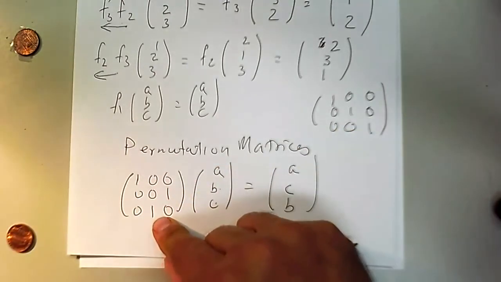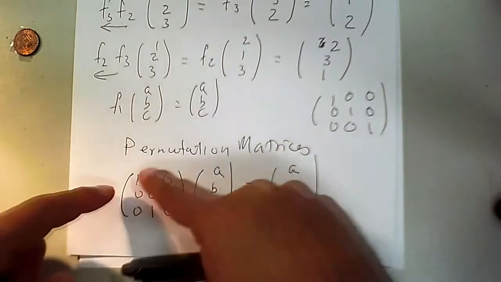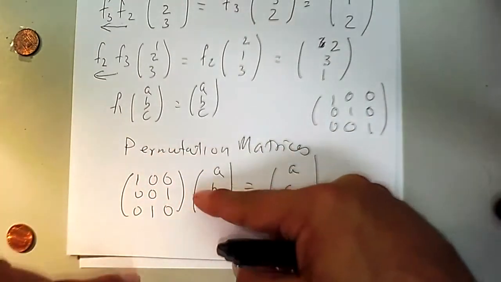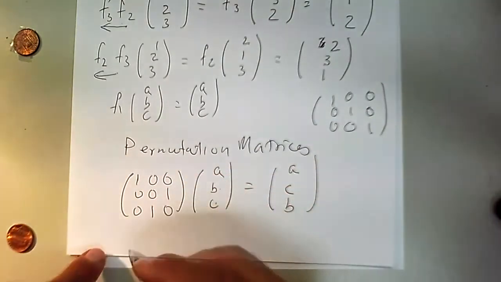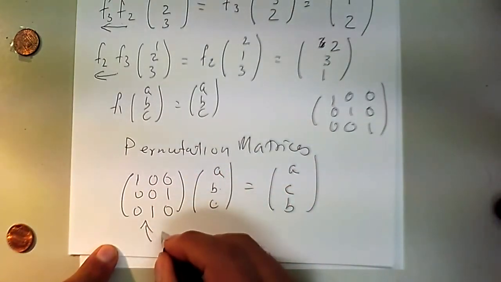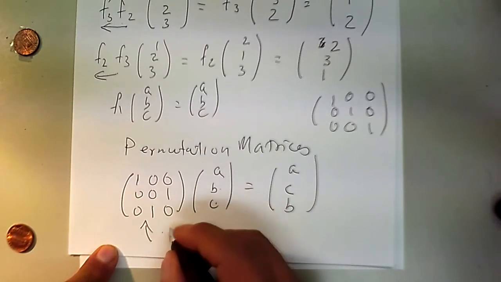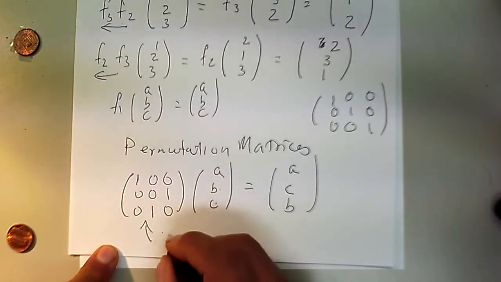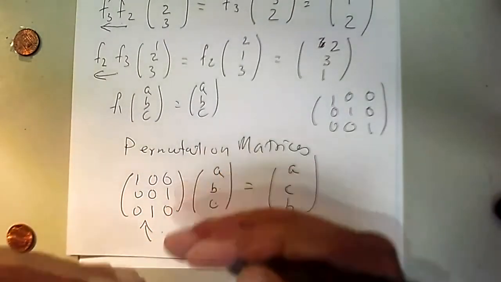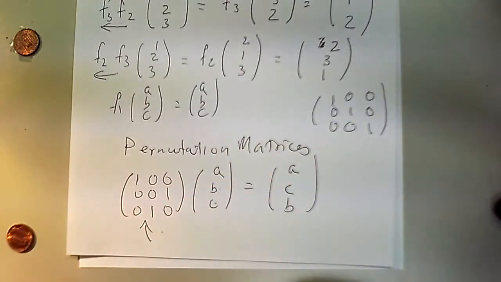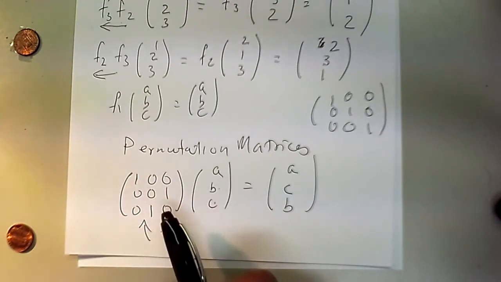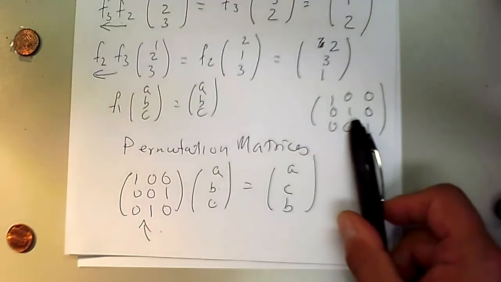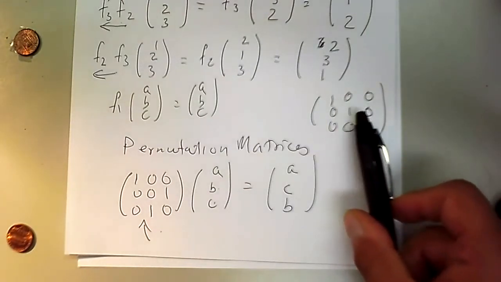But if you want a permutation that is different, all you have to do is rearrange accordingly the rows of the identity matrix, and that will do it. So this is called a permutation matrix. All it does is exchange the rows of a matrix in the same way as this matrix is obtained by permuting rows of the identity matrix.